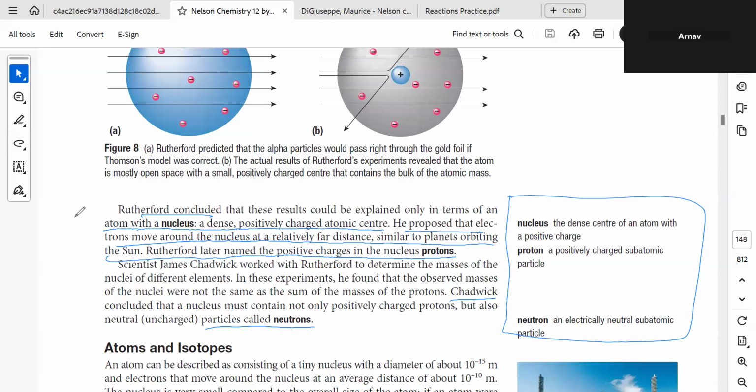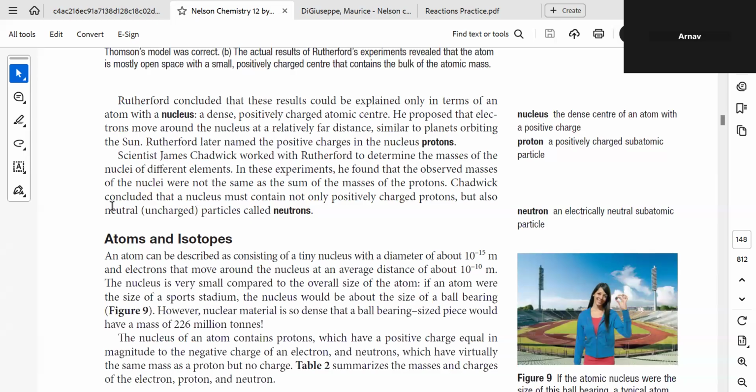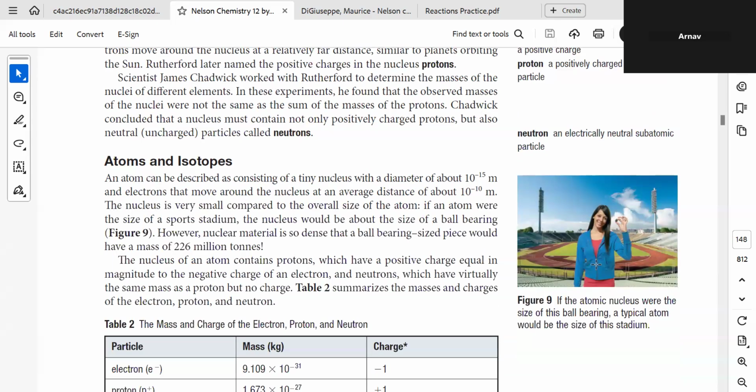The next one that you should know is we'll focus on figure 9. Can you see there is a ball bearing this girl is holding, right? And there is a stadium behind her, right? I believe that is a rugby stadium, correct? Maybe.